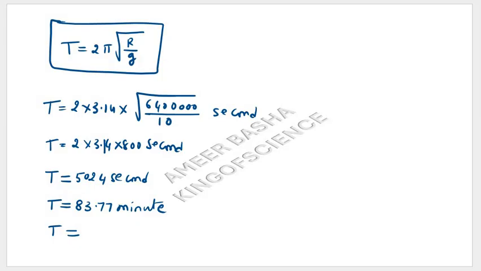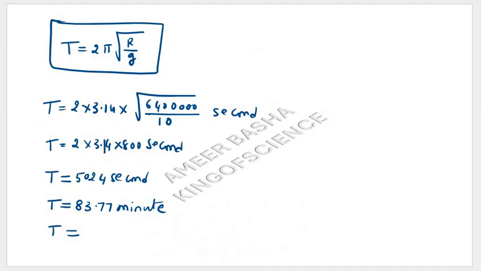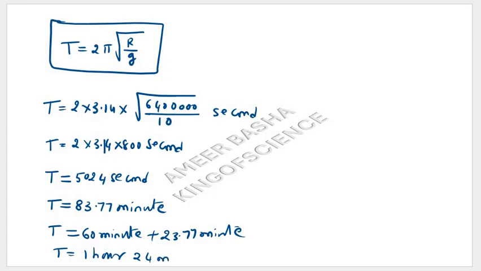So 83 means 60 minutes plus 23.77 minutes. So 60 minutes means 1 hour, and approximately it is 24 minutes. So the answer is 1 hour 24 minutes.